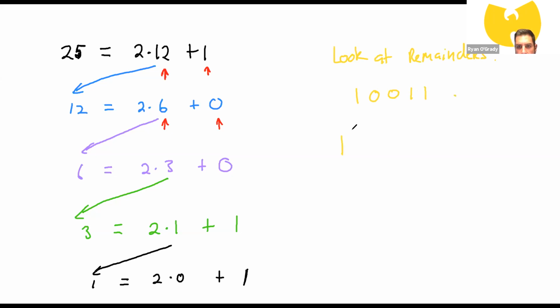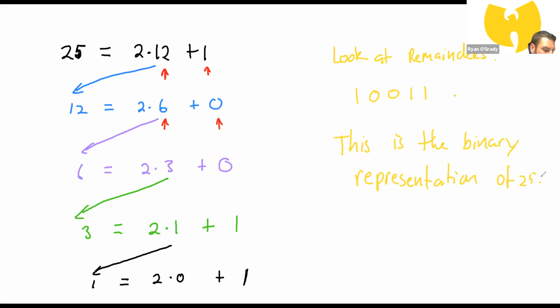And so this is the binary, or base 2, representation of 25. Yes or no?